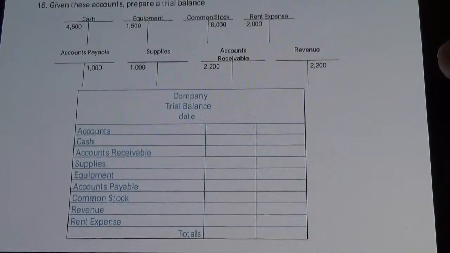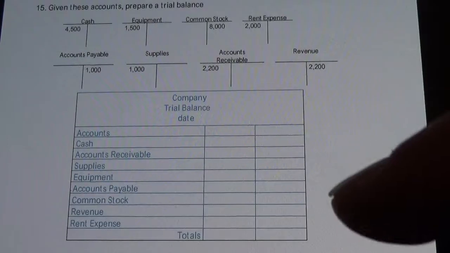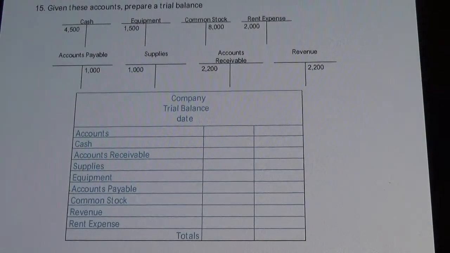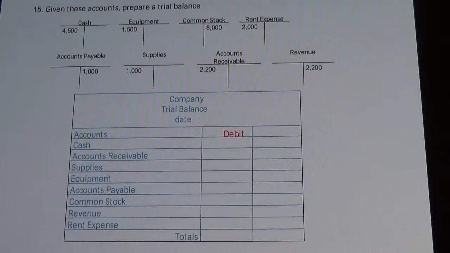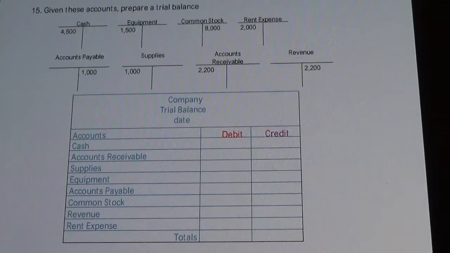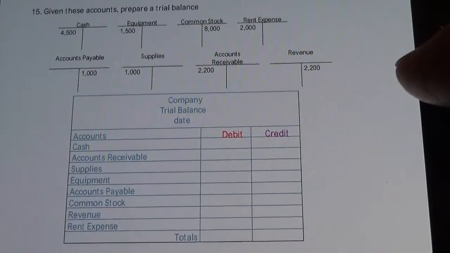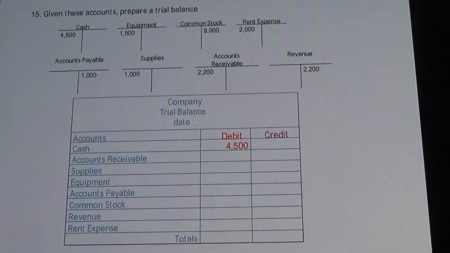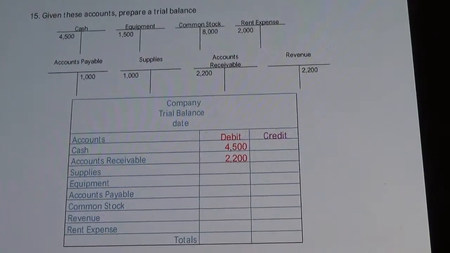And then we simply list out all of the accounts that are on our chart of accounts, and then we put in the debit heading and the credit heading, and then we place the account balances where they belong. So our cash balance is a debit balance account, so we list it there. Accounts receivable is a debit balance, so we list it there.